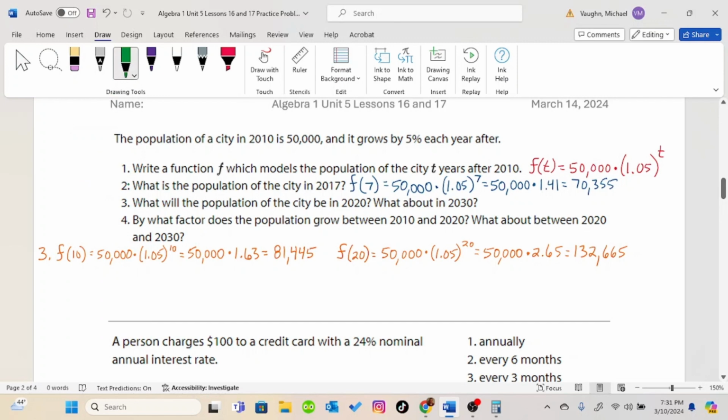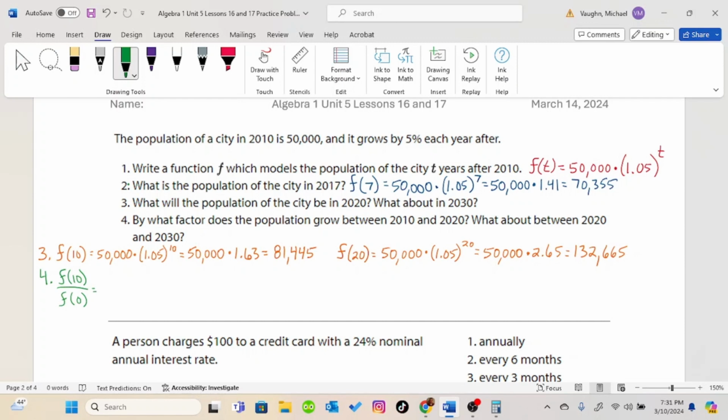Number 4. By what factor does the population grow between 2010 and 2020? What about 2020 and 2030? So first, we would take f of 10 and divide it by f of 0.